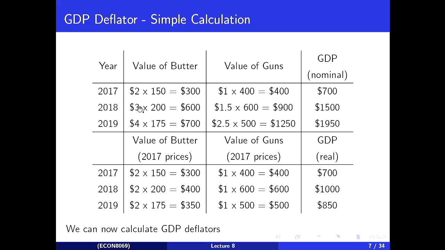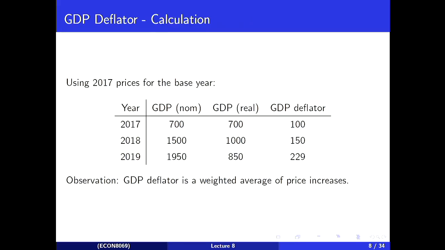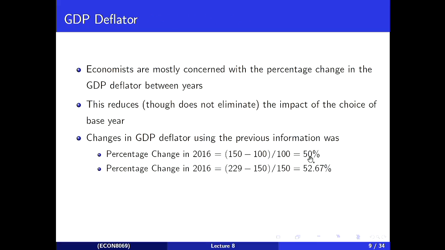From 2018 to 2019, this price increased by a bit less than 50%, by a third, but this one increases by quite a lot more than 50%, by 2/3. So any measure of price change is going to be somewhere between the one-third increase and the two-thirds increase. And we find that the GDP deflator matches that, not at all unexpectedly. The thing this is doing is, in fact, measuring changes in prices.